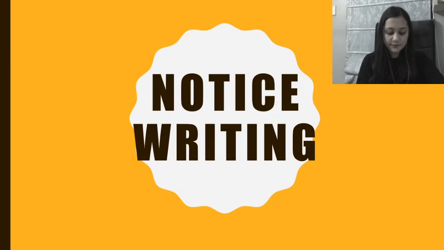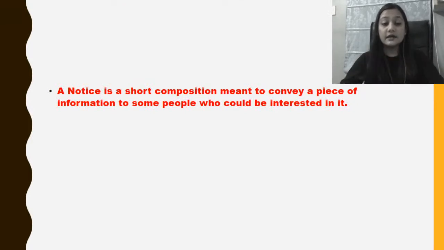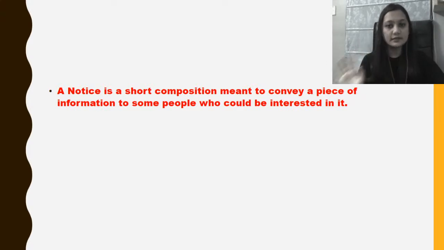Now, next here comes our notice writing. Okay? Let's begin now. Herein what we have discussed is that a message is an informal piece of writing, right? But a notice is completely a formal piece of writing. This is the first and the major difference between these two.